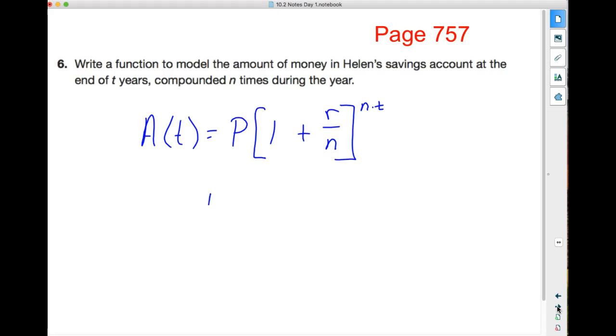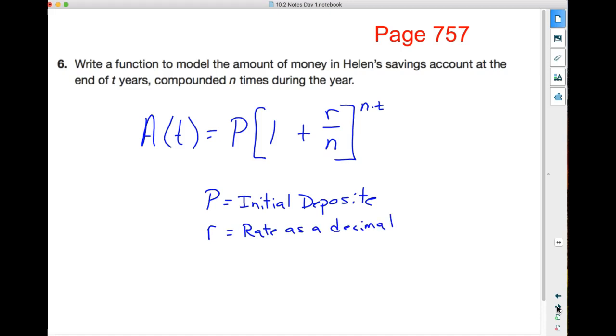Okay, P is the initial deposit. That's how much money you're initially putting in the bank. Okay? This 1 is always a 1. The 1 never changes. R, that's going to be your rate as a decimal.